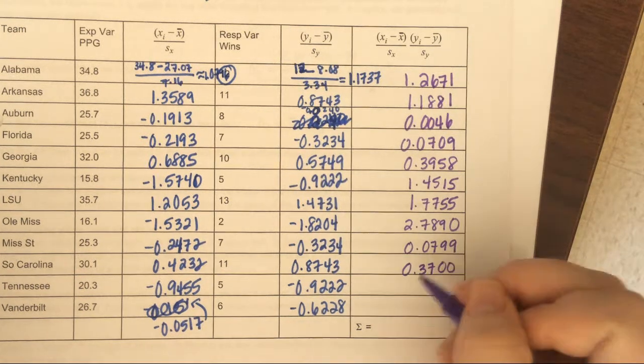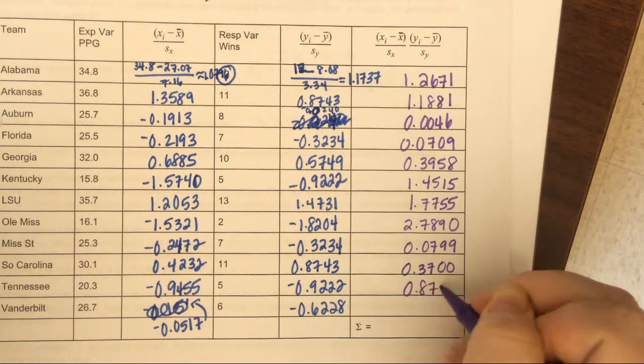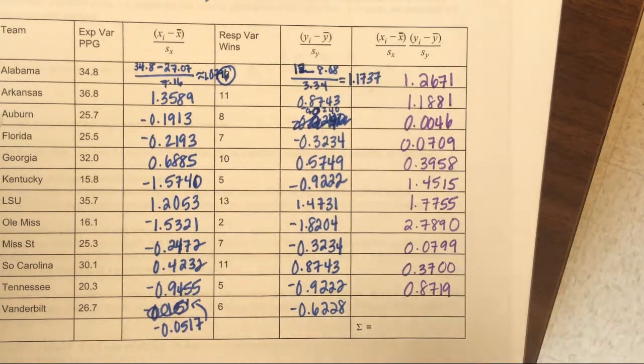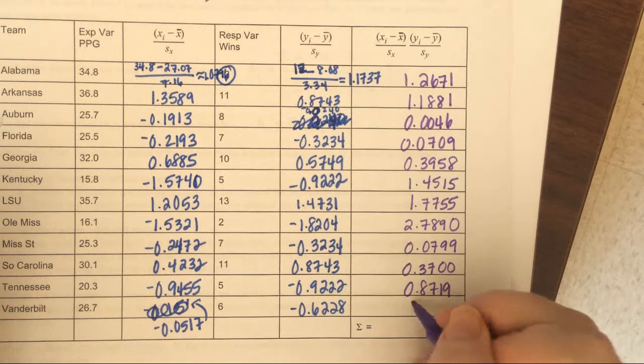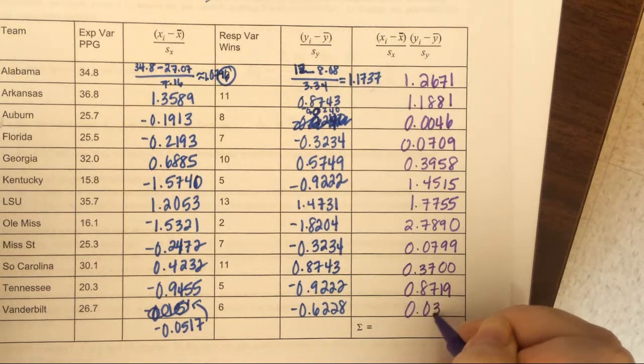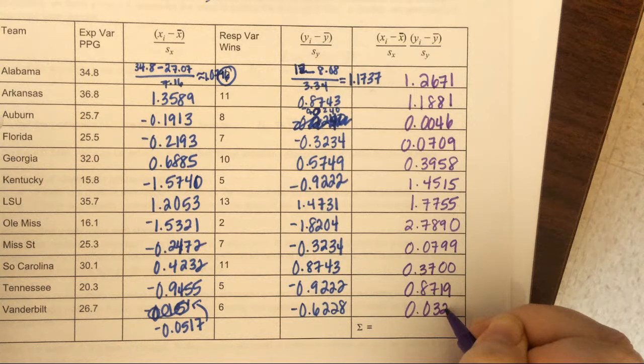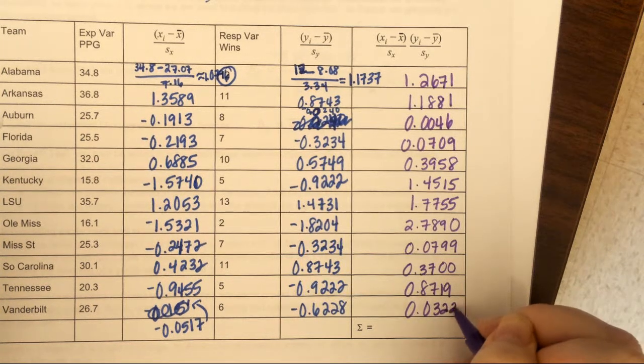You get positive 0.8714, but I'm going to leave it at 19. And then negative 0.0517 times negative 0.6228, you get positive 0.032, and it was 321, but there's a 9 after that, so I'm going to say it's 322.